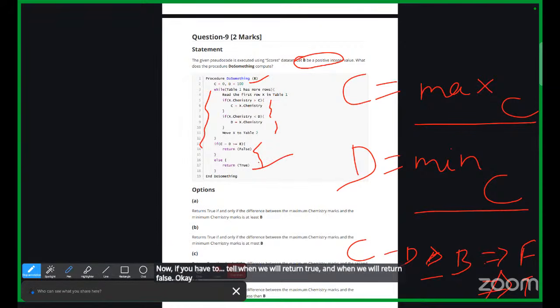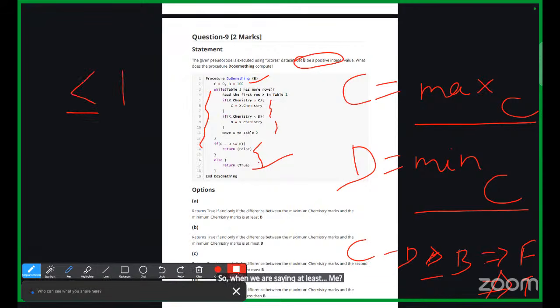Now we have to tell when we will return true and when we will return false. If we go through the first option: returns true if and only if the difference between the maximum chemistry marks and minimum chemistry marks is at least B. Is this correct or incorrect? It is incorrect, as in the case of at least B, it will return false, as represented in line number 14.